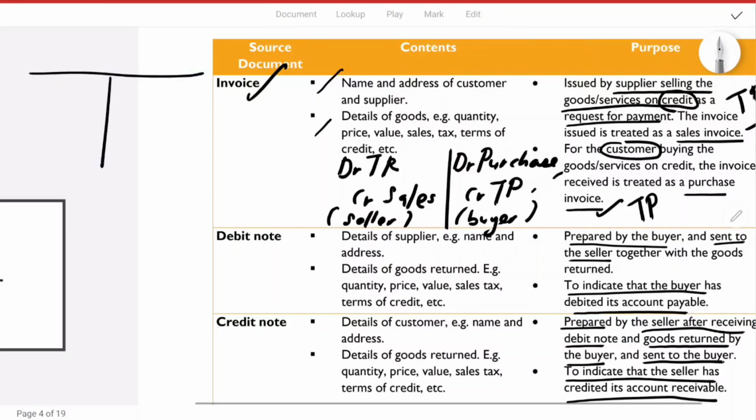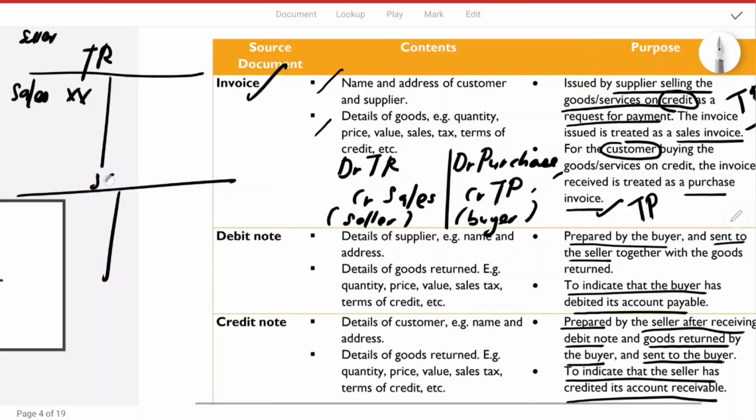The seller will open a trade receivable account, debited with sales, so in the accounts we have trade receivable with X amount.